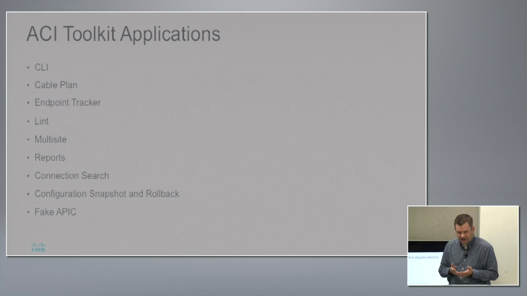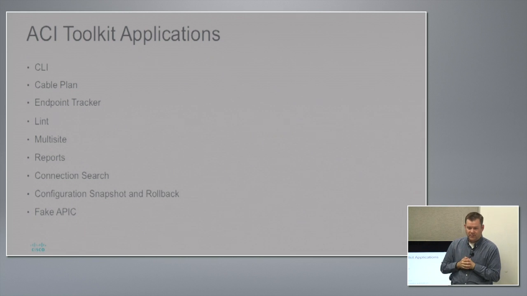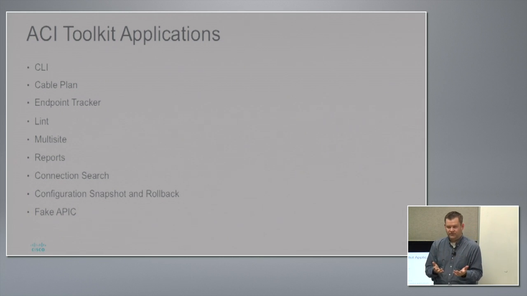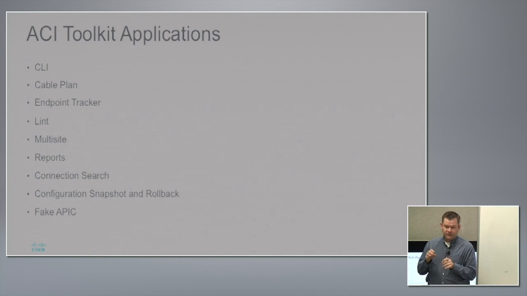There was an endpoint tracker, but now we have this also in the APIC. But originally it was an application that would subscribe to endpoint events, and it's roughly a page of code. And you subscribe to endpoint events, and you receive the event, and you push it into a MySQL database. So you could run this in your lab, just sitting there on a typical Ubuntu server or something, and it would just log all of the endpoints connecting to a database.